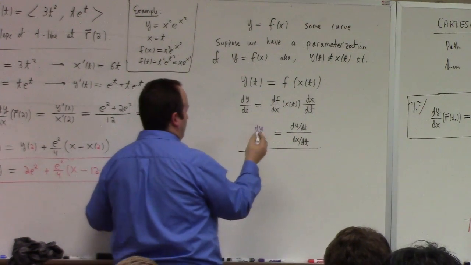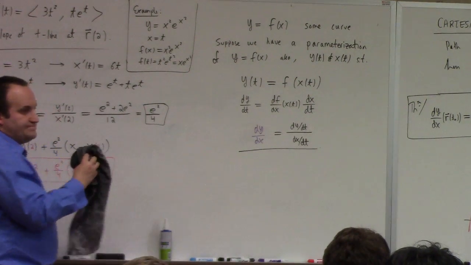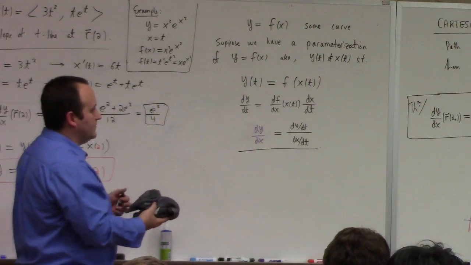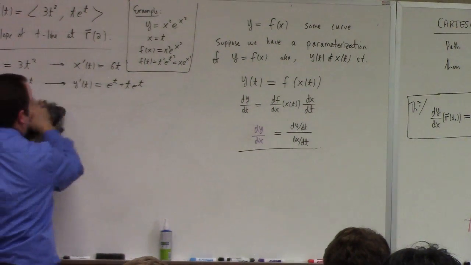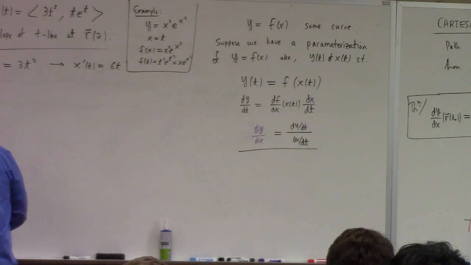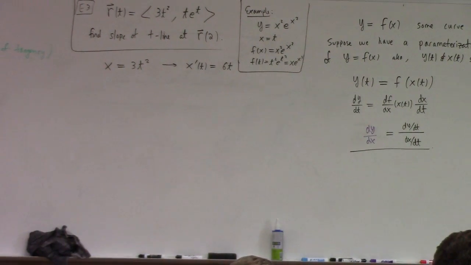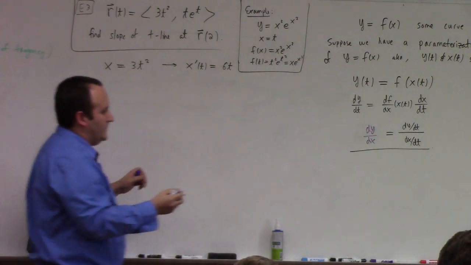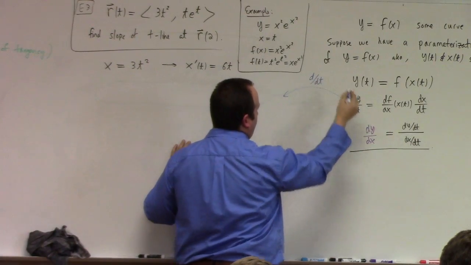If you want to figure out what the second derivative is, let me just work this way. It's pretty simple. Just differentiate this with respect to t. What happens when you do that?